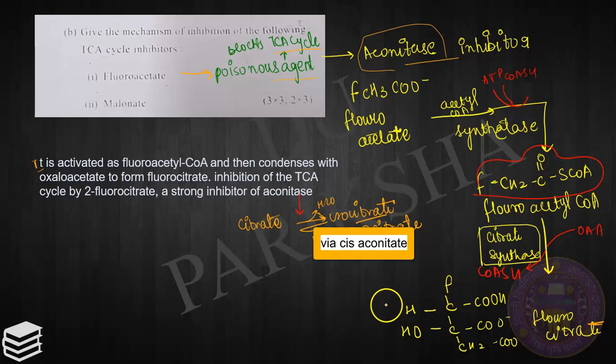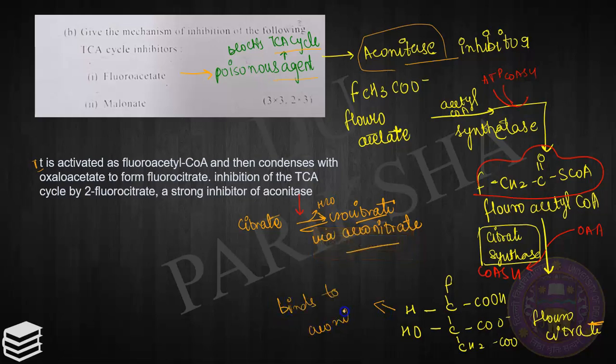This fluorocitrate then binds to the aconitase enzyme, mimicking the substrate citrate, and results in suicide inhibition. What? Suicide inhibition of the aconitase enzyme, where the enzyme is inactivated after binding a fake substrate.